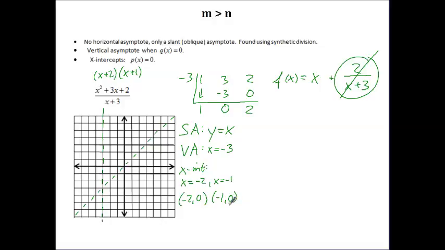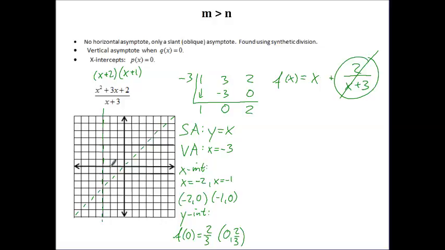And let's find our y-intercept while we're at it. The y-intercept is f of 0. This turns to 0, this to 0, this to 0, and we are left with 2/3. And that makes 0, 2/3, our y-intercept.